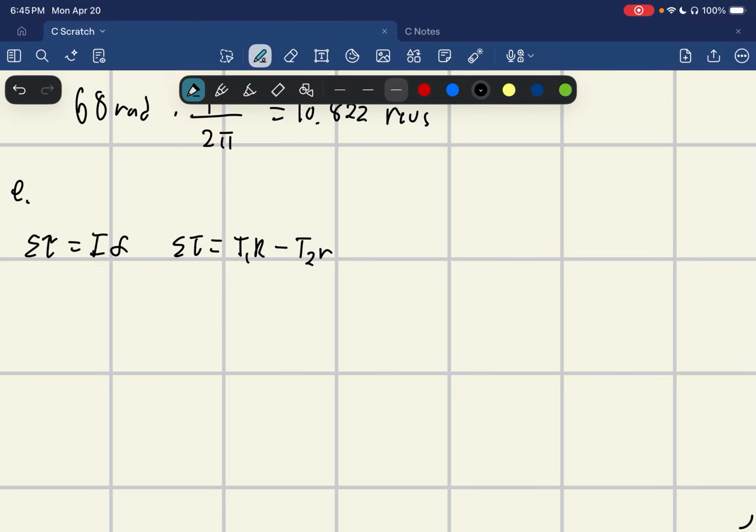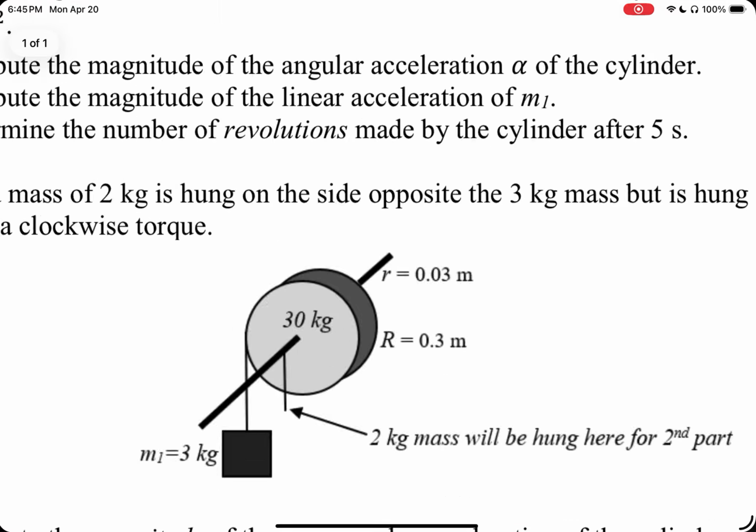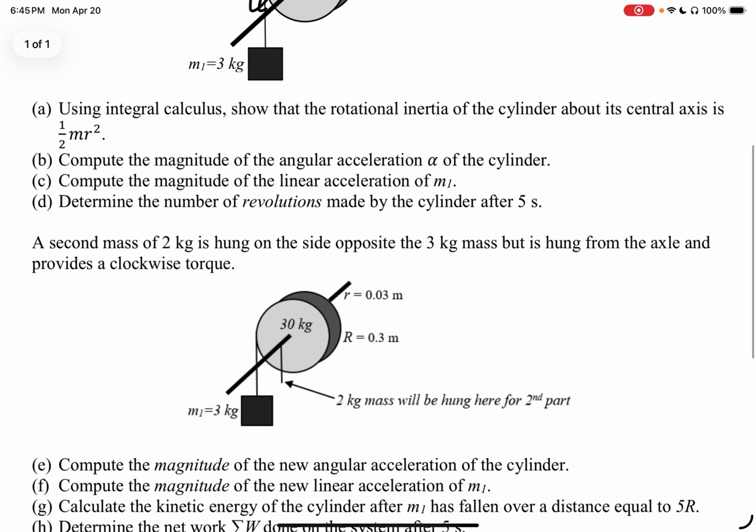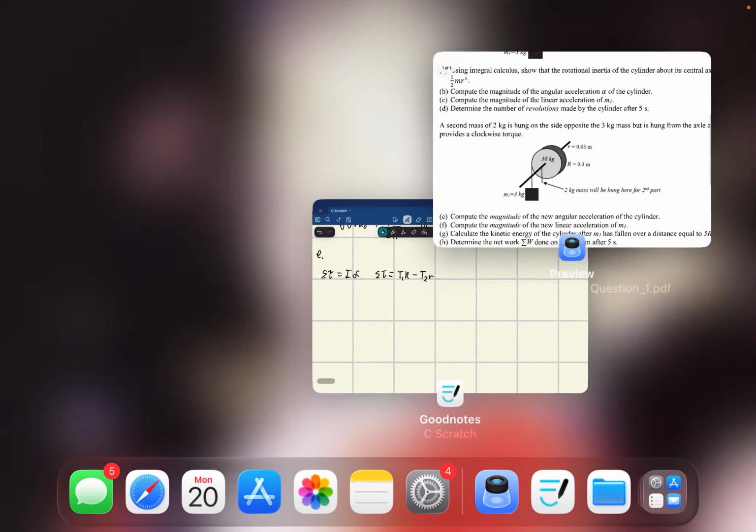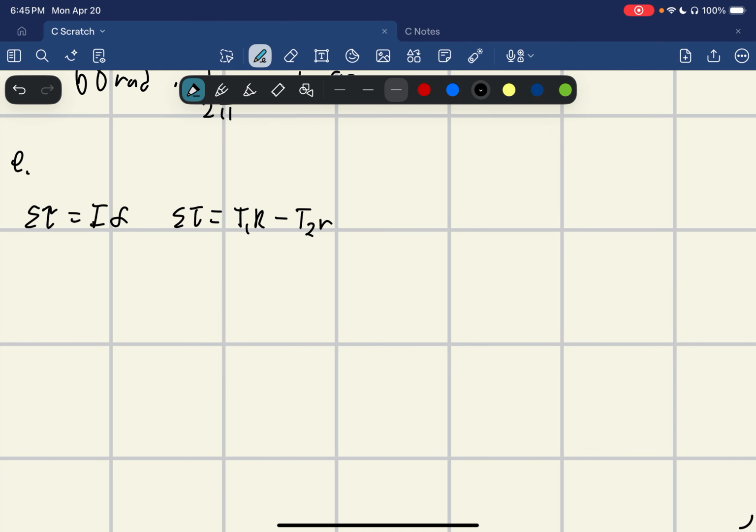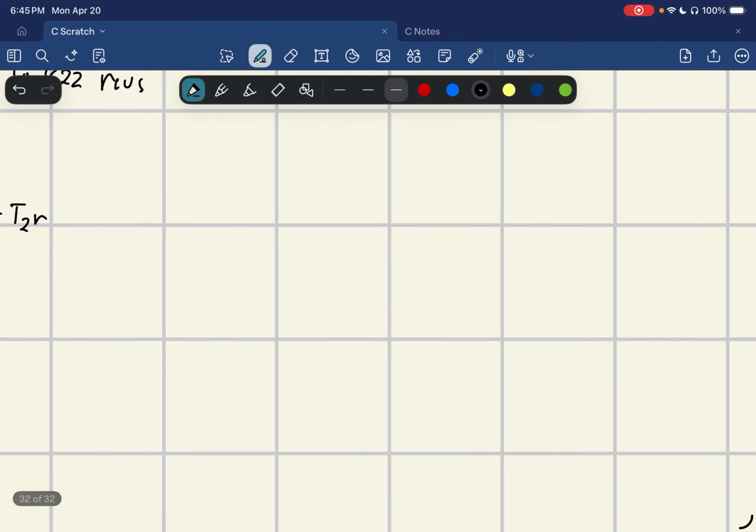And it's little r because it's attached to the axle, which has a different radius compared to the cylinder. Okay. And then we'll equate these two together, so we have alpha is equal to T1 R minus T2 r.